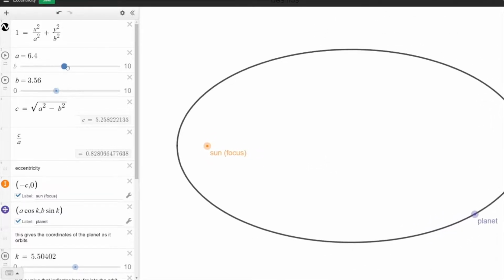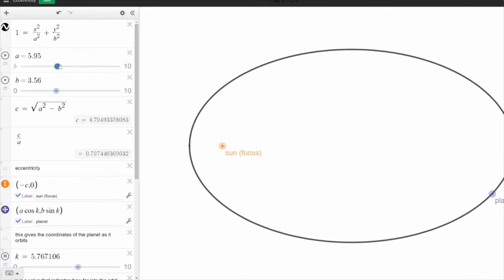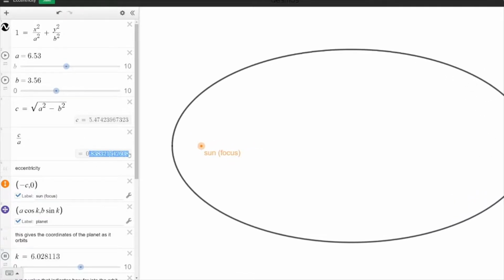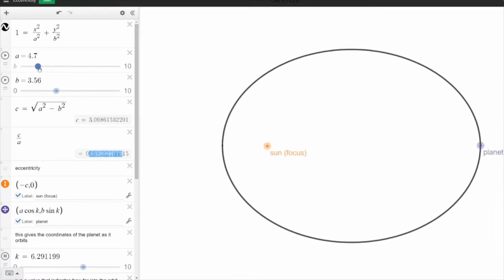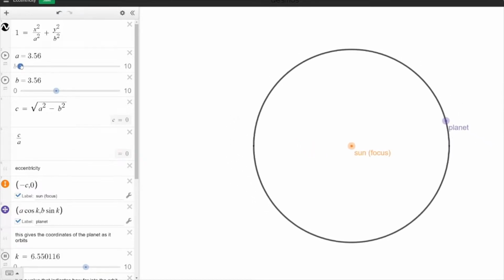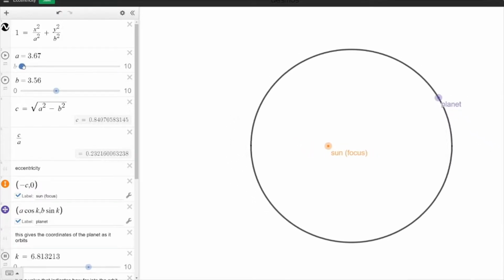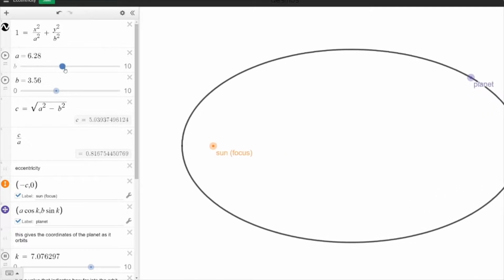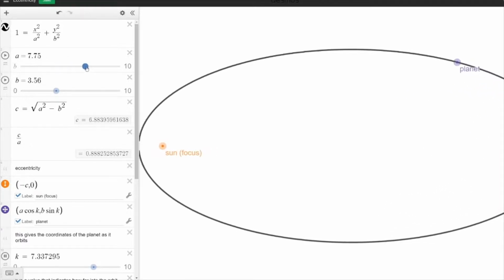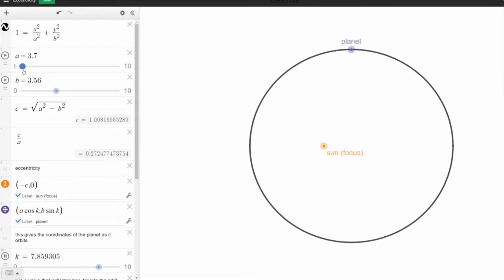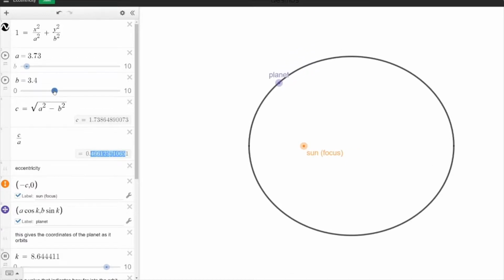As I change A and B, it will stretch, and watch this eccentricity value change. Less eccentric means closer to a circle; more eccentric, it starts looking very stretched. Most planets are about eccentricity 0.3, and actually most of our planets are even less eccentric.